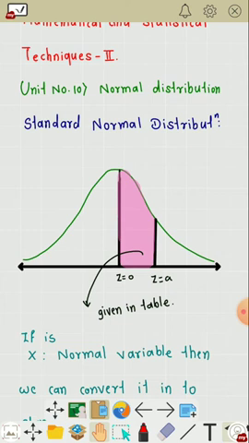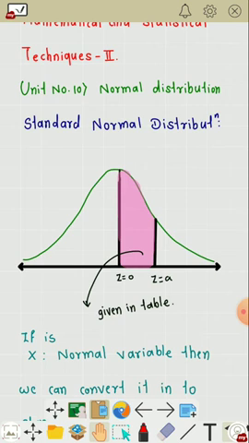Now, in this lecture, we are going to find the probability of a standard normal variable in the given range.